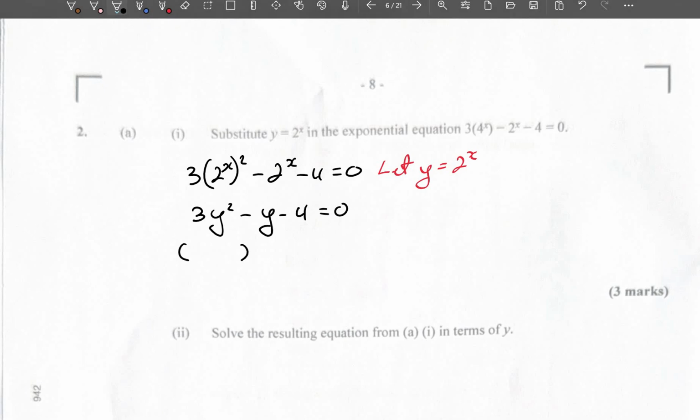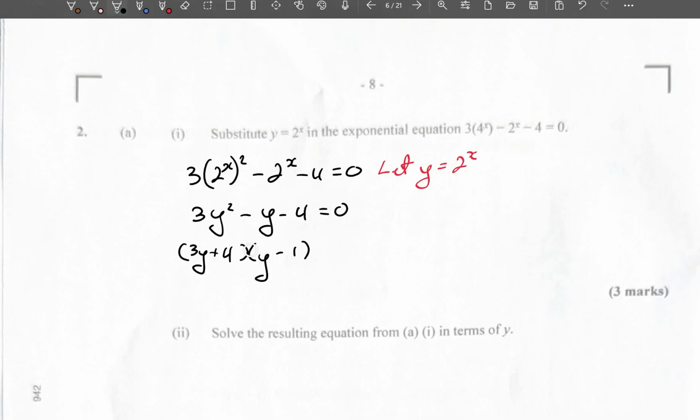Factorizing here, we're going to have 3y, we're going to have y. Then we need two factors of minus 4 to give us 1 there. So if I have 3, I need to have minus 1 here, I need to have plus 4 here.